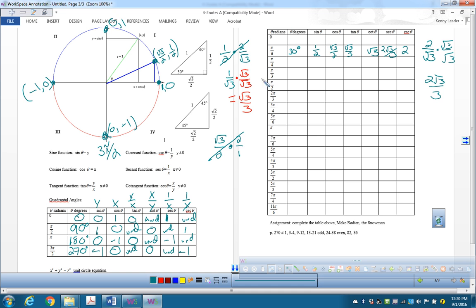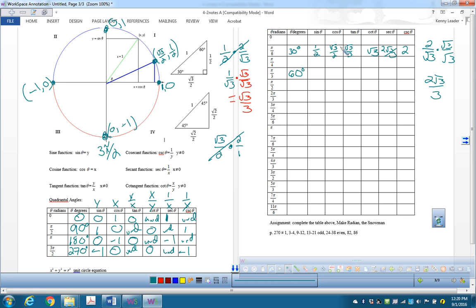So let's do this one first, pi over 3. Pi over 3 is how many degrees? 60 degrees, right? And then sine and cosine just flip-flop places, because the x and the y flip. You understand that?